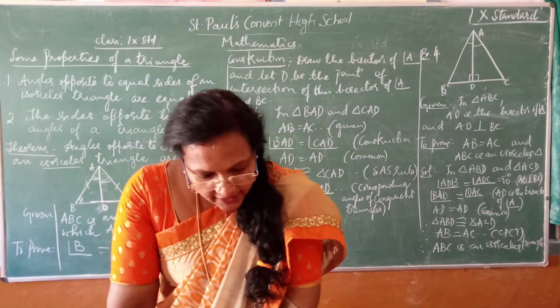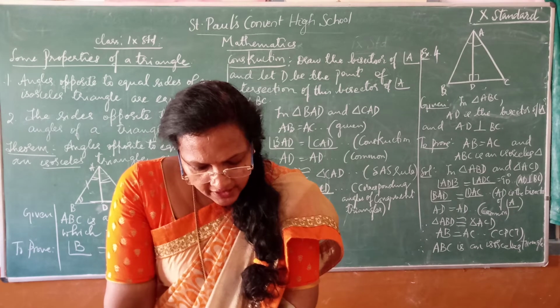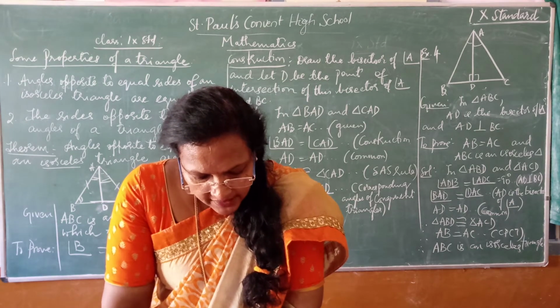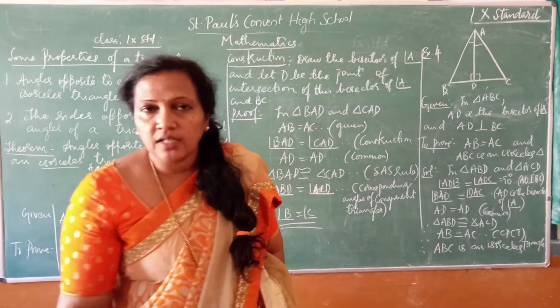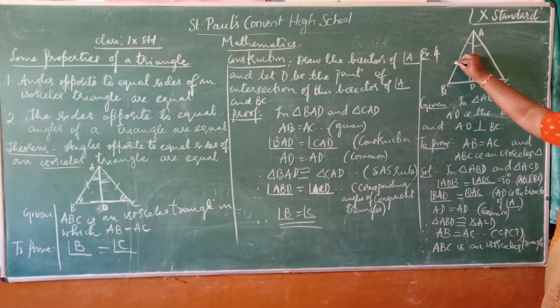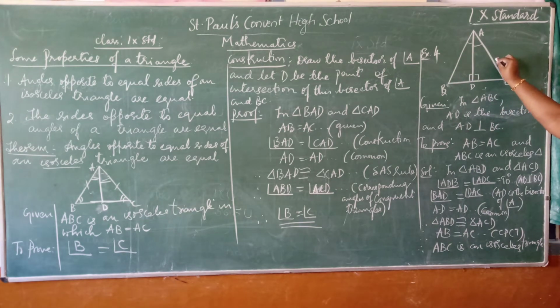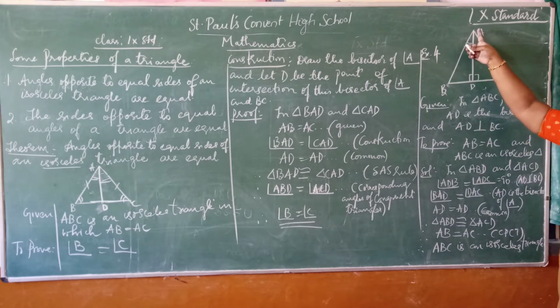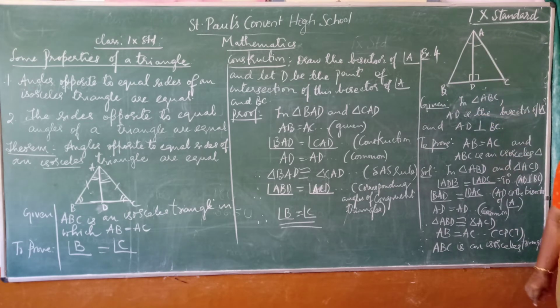He says that in triangle ABC, the bisector AD of angle A is perpendicular to the side BC. Show that AB is equal to AC. I have to show AB is equal to AC. Tell me children, what do I have to do? Same way, I have to show these two triangles are congruent. And also he says to show that ABC is an isosceles triangle.